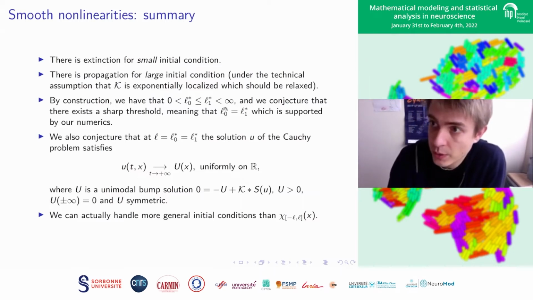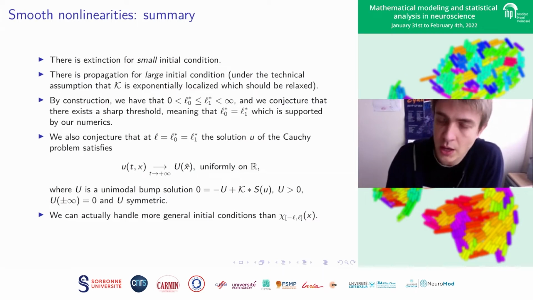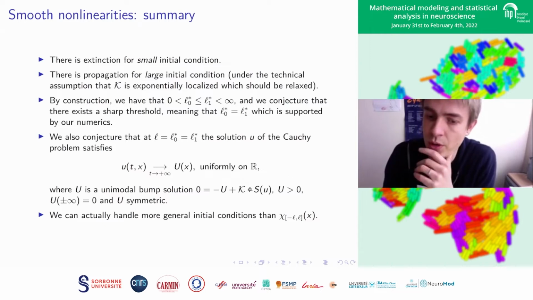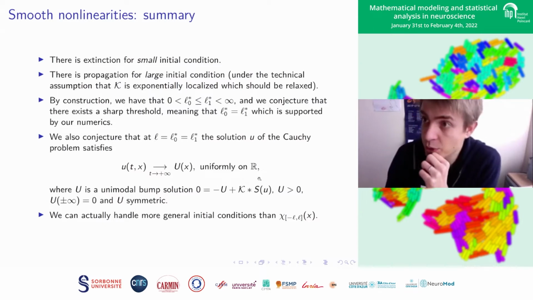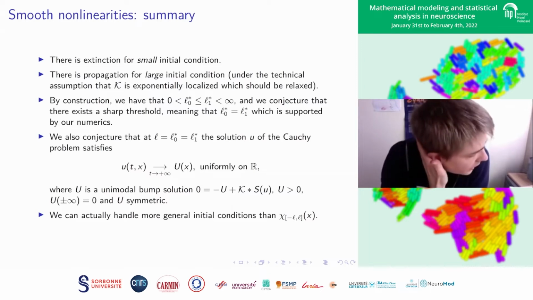And what we also conjecture at the moment is that at this critical value, you should converge to the unique stationary solution of the neural field. But proving uniqueness and studying the stationary solution of this problem is also difficult if you want to be as general as possible.